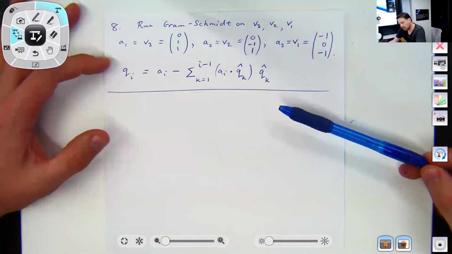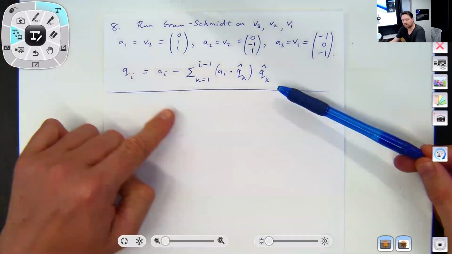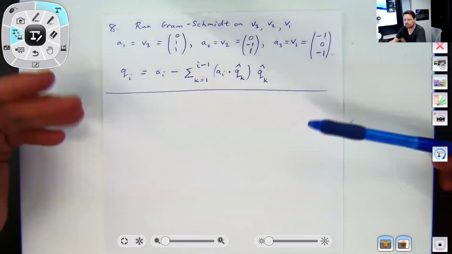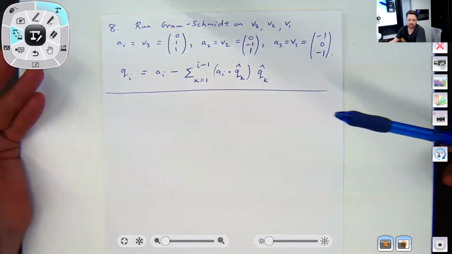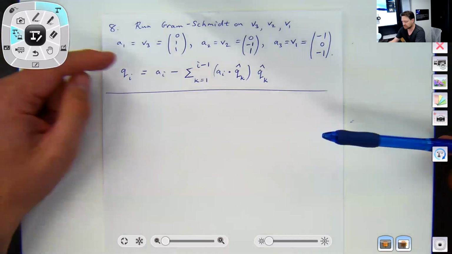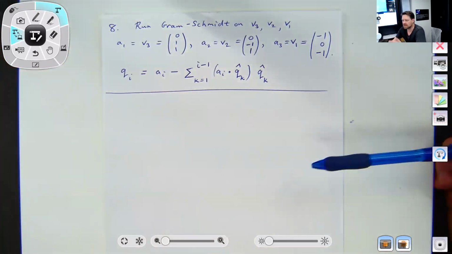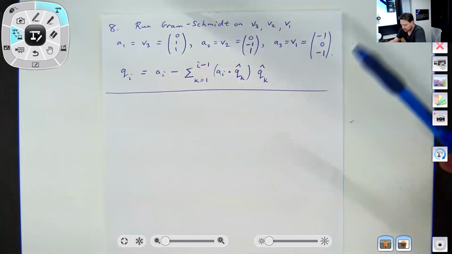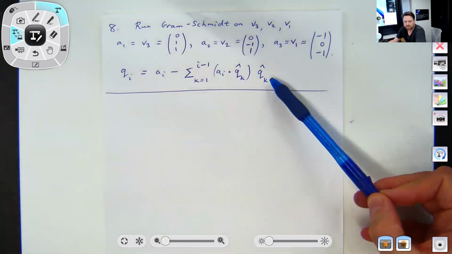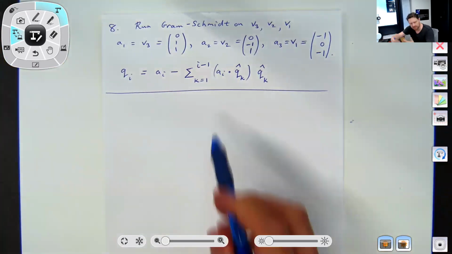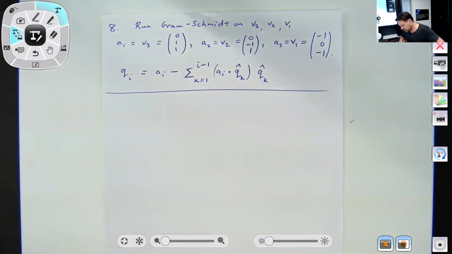Once we calculate this, we take a norm and divide by the norm. My letters may be a little different to what Walla used. Walla had a tilde over here, so don't get confused by that. I'm doing the same procedure. Now I put a hat on them when they're unit vectors, and inside the bracket I just have a dot product, whereas you often do that with a matrix product. It's the same thing though.